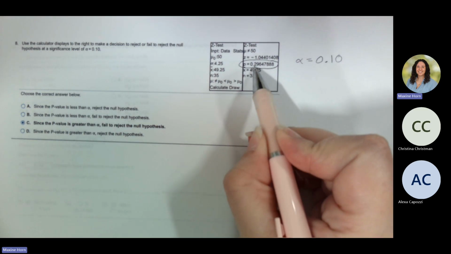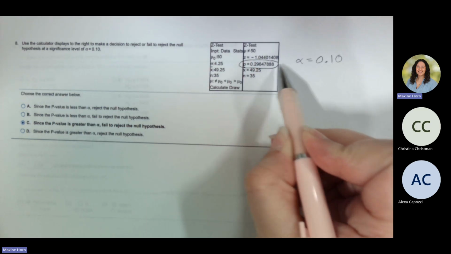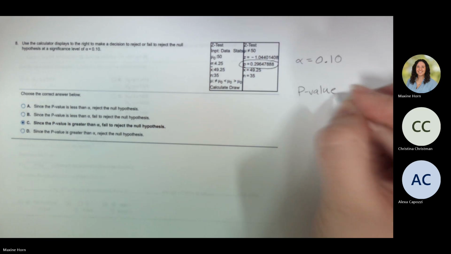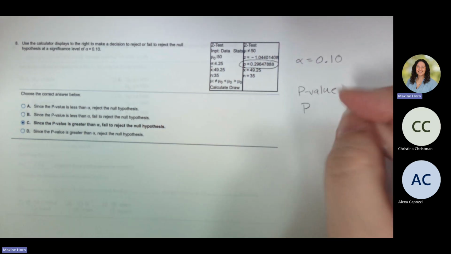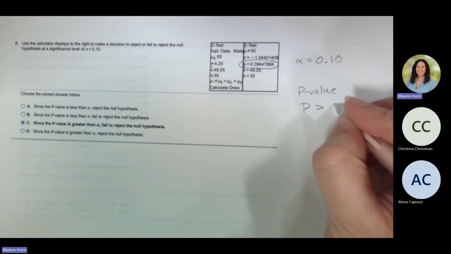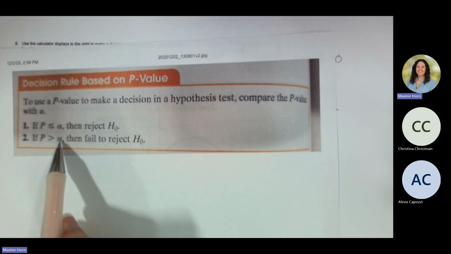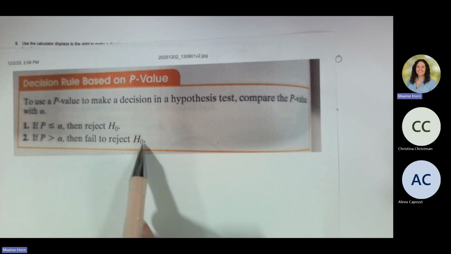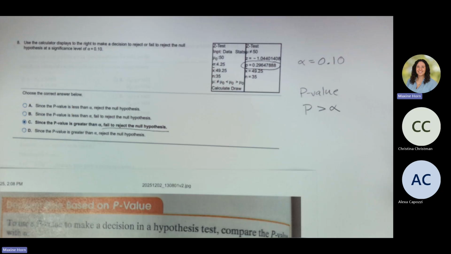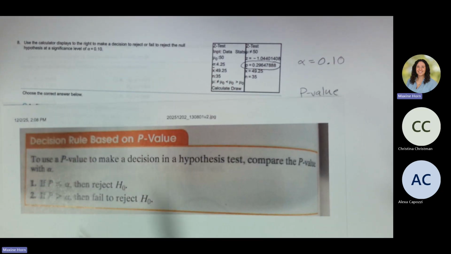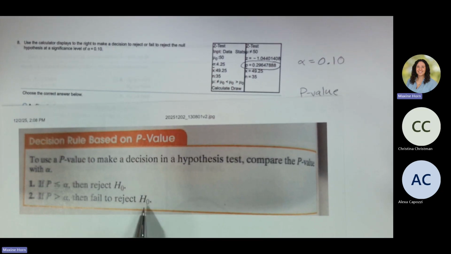We have a p-value of 0.296478888. So p, in this case, is greater than alpha. What happens if our p-value is greater than alpha? We fail to reject the null. P is greater than alpha, fail to reject the null.